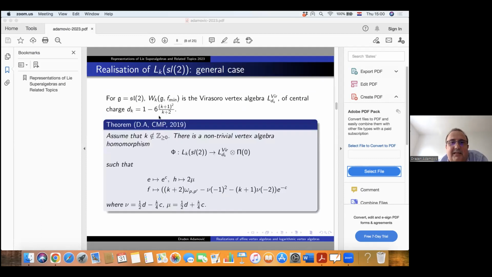The central charge is C, or rather k. Regarding reduction, say lambda 1, lambda 2: if one of them is zero and the other non-zero, it's actually more complicated. If both of them are zero, then you only get highest weight modules.